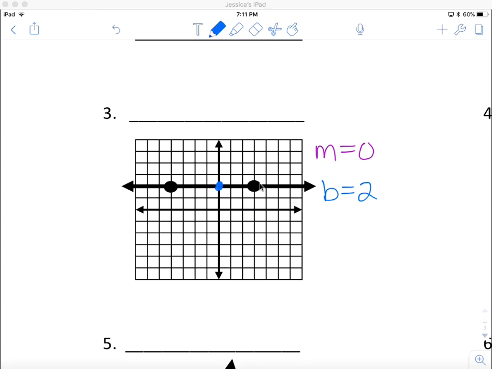Horizontal is our hero. That's because the slope is 0. So if I plug this into y equals mx plus b, then I have y equals 0x plus 2. The more simplified version of this is y equals 2. You don't have to write the 0x.